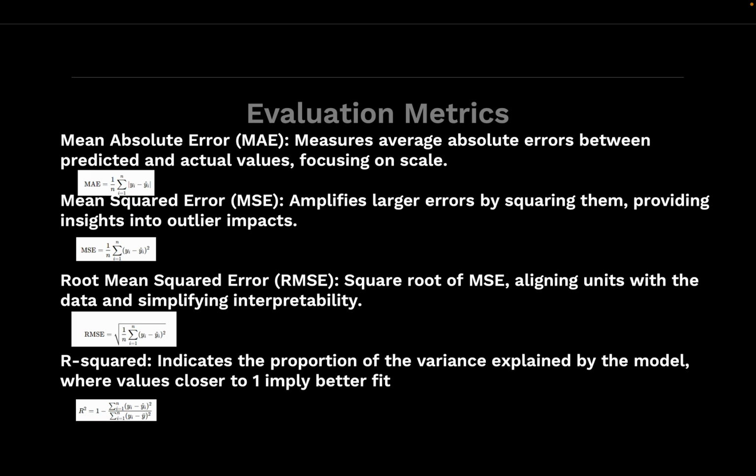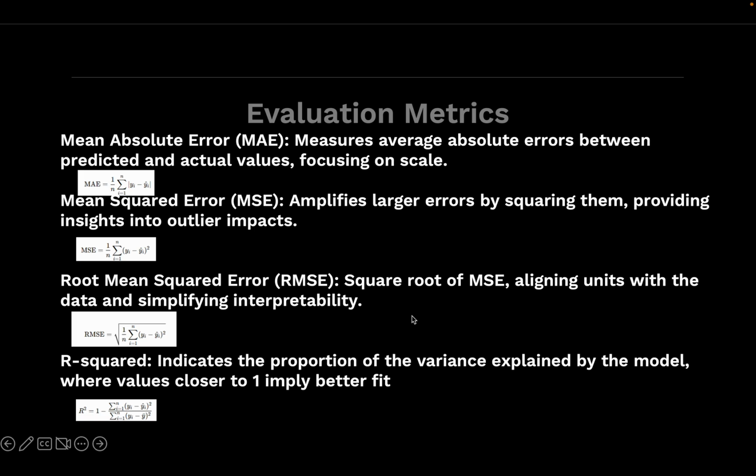The second evaluation metric is mean squared error. Mean squared error is similar to the mean absolute error, but the value is squared so that it amplifies larger errors, so that we can get more insights into outlier impacts.